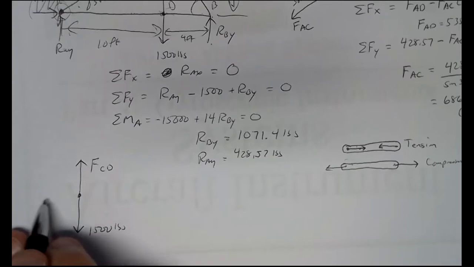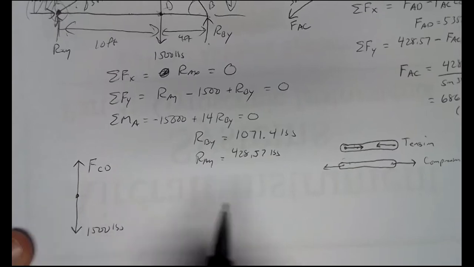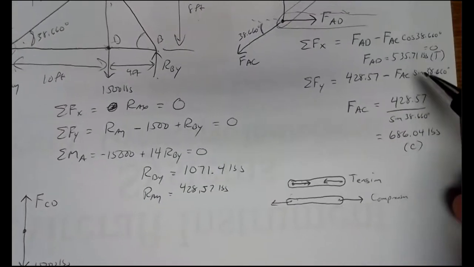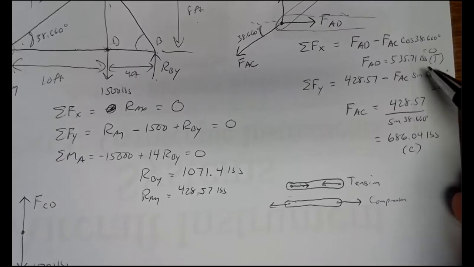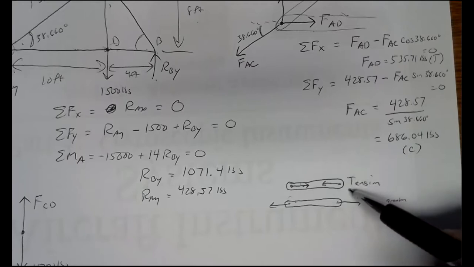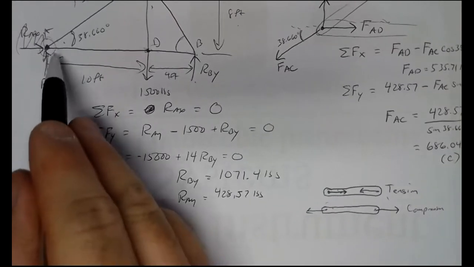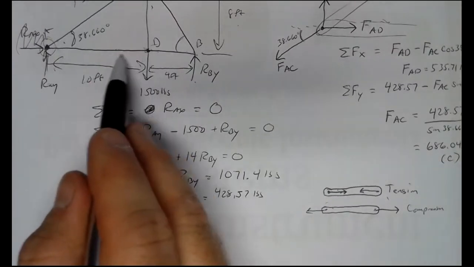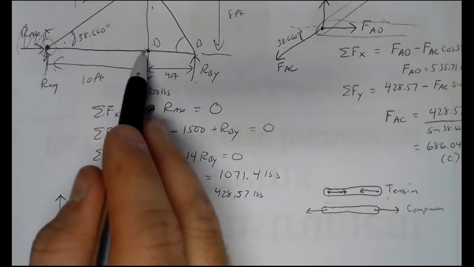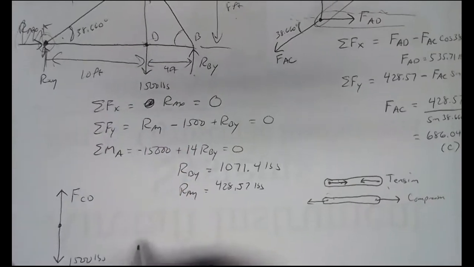Now we know what's going on with member AD. According to our free body diagram and our solution here, member AD was 535.71 pounds in tension. And tension draws the endpoints together. So at A, that meant pulling to the right. At D, that's going to mean pulling to the left. The joints are trying to go toward each other in tension.